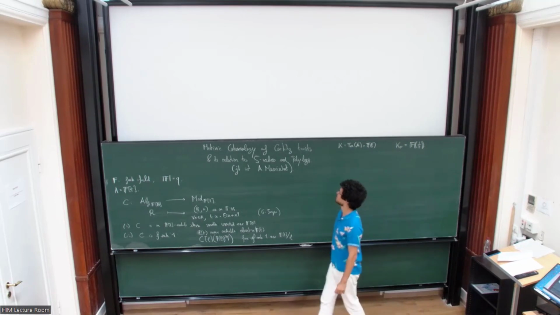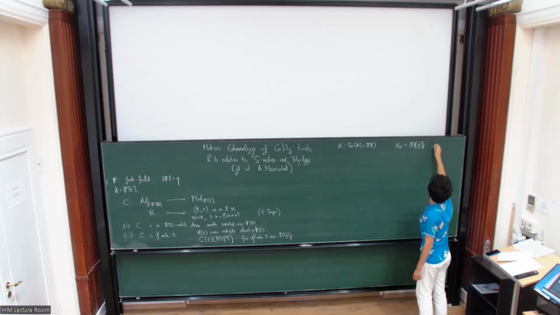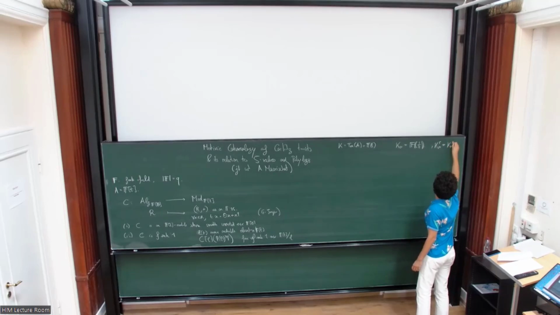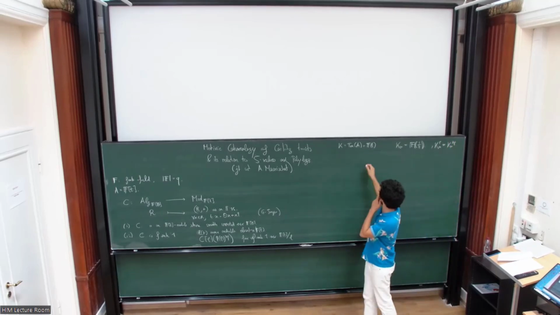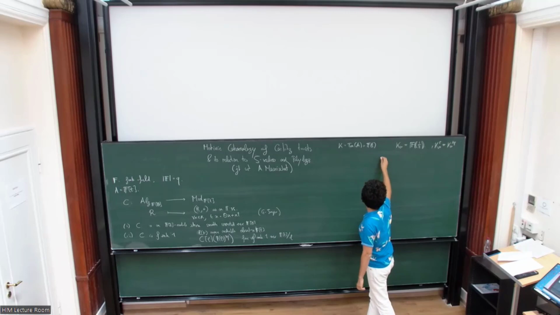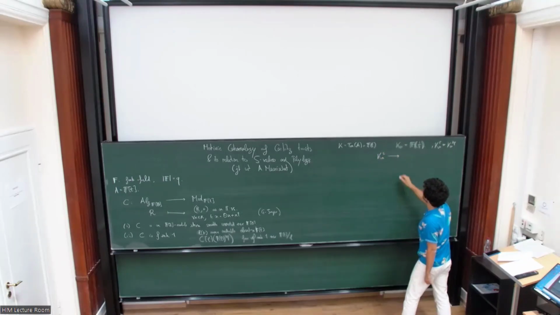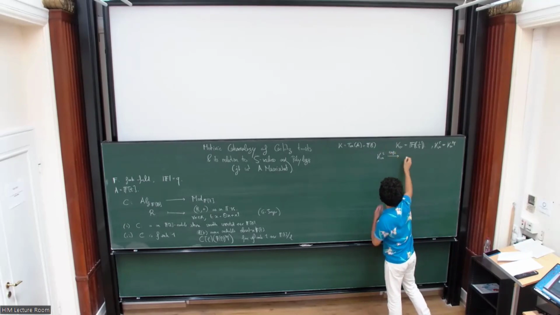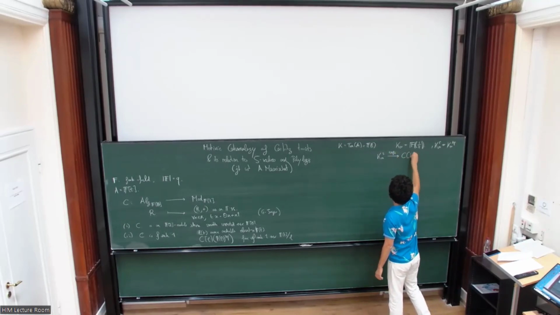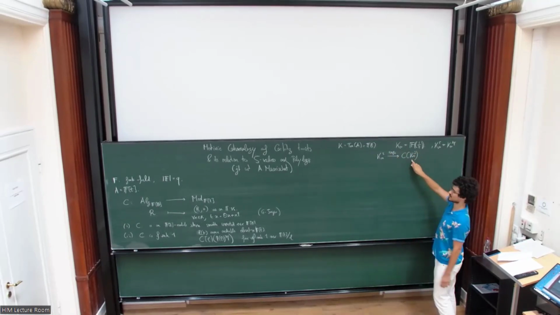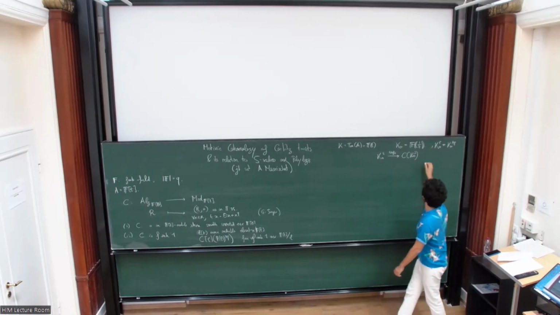Then you can take a separable closure of it. And there is an exponential map that goes from K_infinity^s to K_infinity^s, but now seen as an F[T]-module with the Carlitz action.